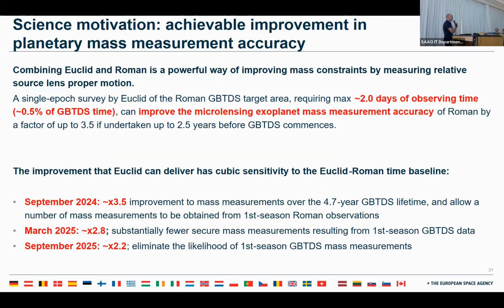from a very small amount of observing time, which is something like 0.5% of the Roman program. If we had done it in September, then the constraints from measuring relative lens-source proper motions would be better, but still, with the baseline that we are implementing in March 25, the estimate is that the relative mass measurement precision is increasing by a factor of 2.8.